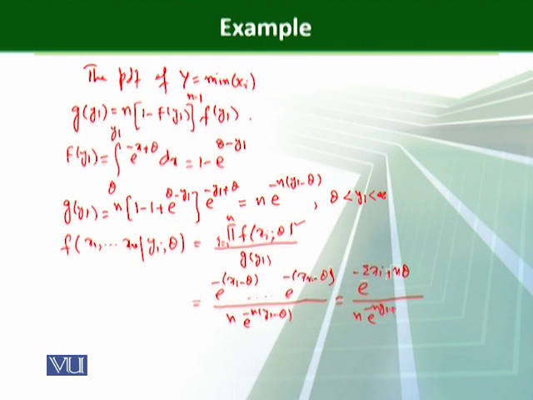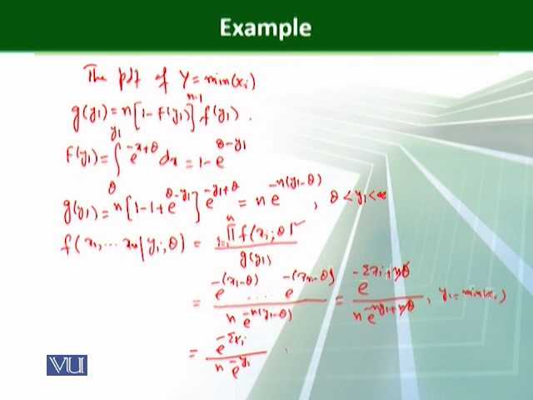plus n theta. We know that y1 is the minimum of xi, so n theta and n theta cancel out, and the result is e raised to power minus sum xi over n times e raised to power minus y1.